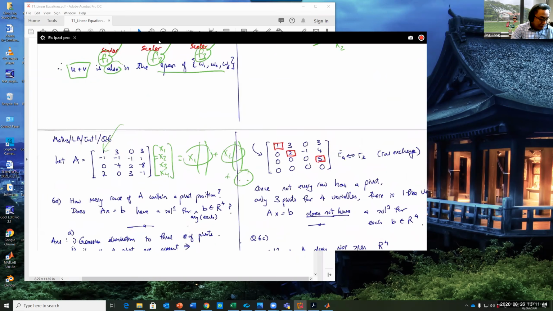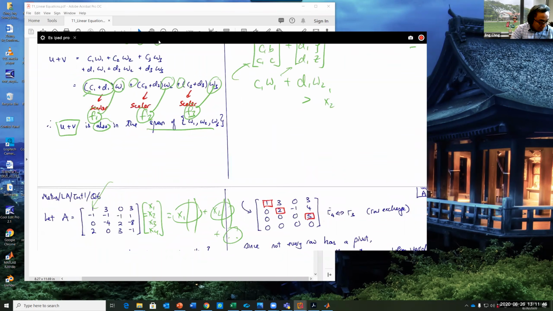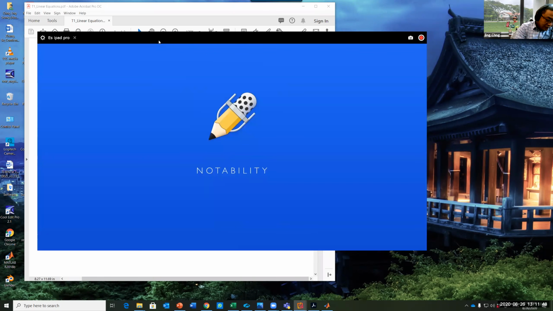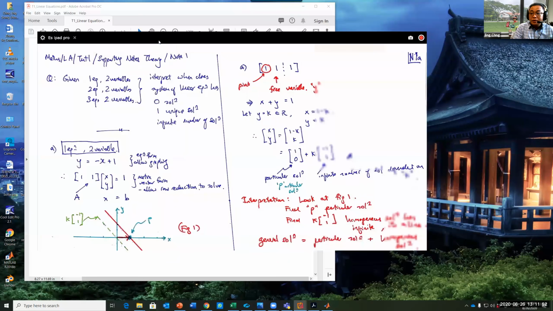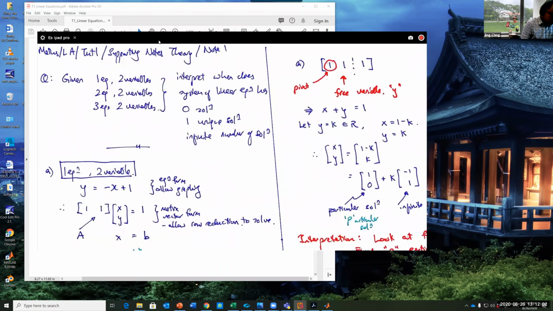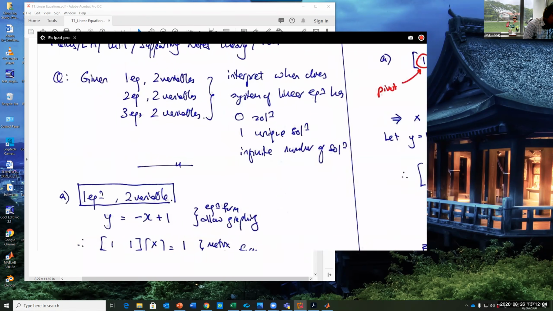Okay, now to do that, I'm going to digress and go to this one. Now we have about 15 minutes left, so let's try. I'm going to go through the interpretation of one equation, two variables.